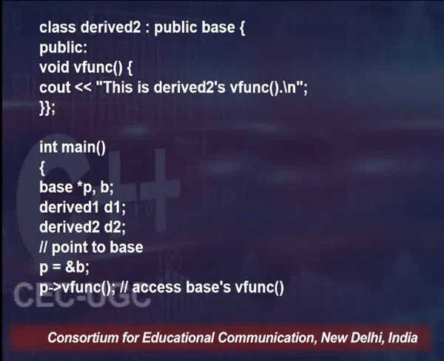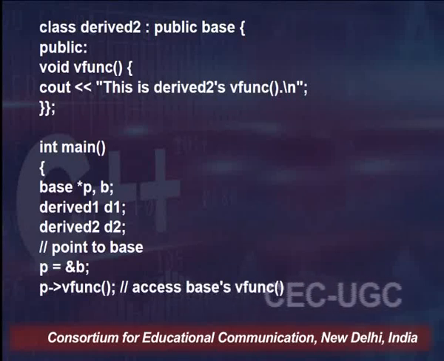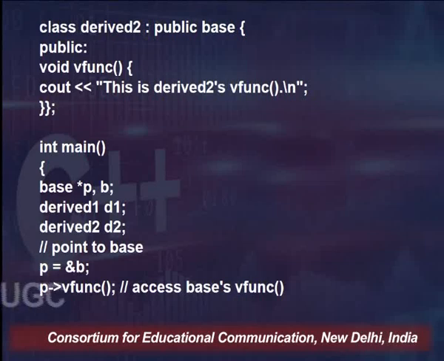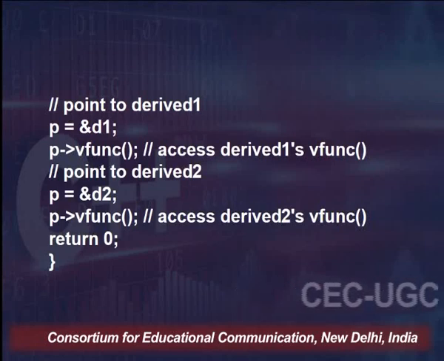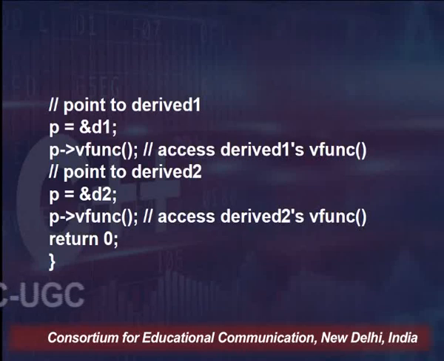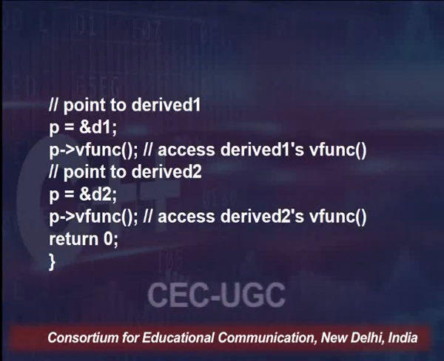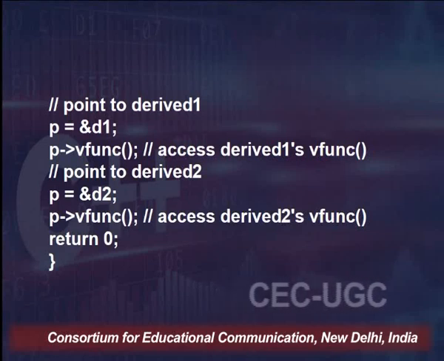Initially we have taken the pointer to the base, stored the address of the base object there, and accessed the function vfunc. Next we have stored the address of the object of derived 1 inside the pointer p, and then tried to access vfunc.